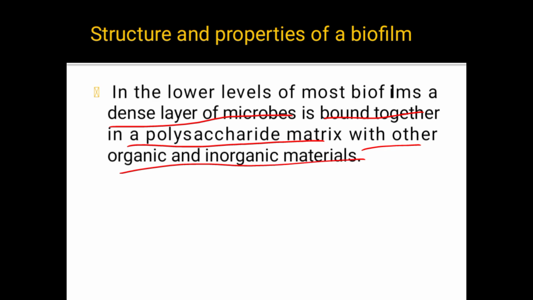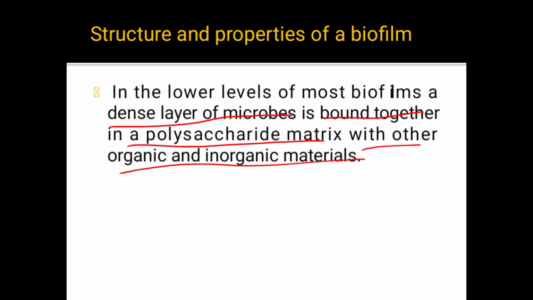The lower levels here means the deepest layer that is close to the tooth surface. There is a dense layer of microbes, densely packed, and the nutrient supply to that layer is very less, creating an anaerobic condition.